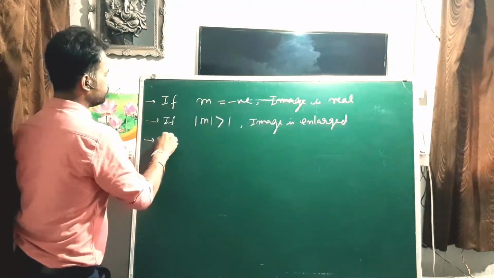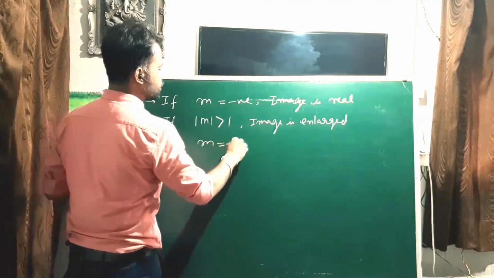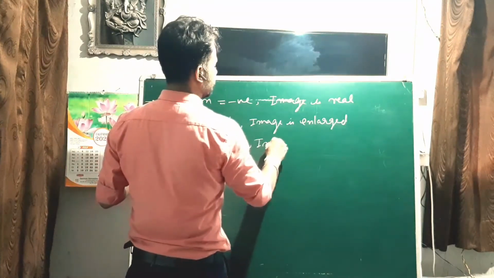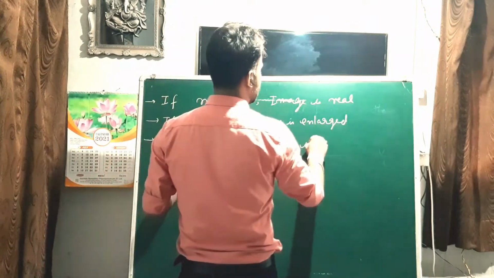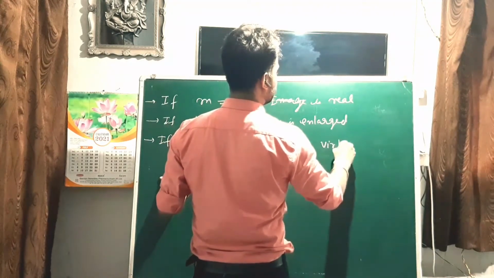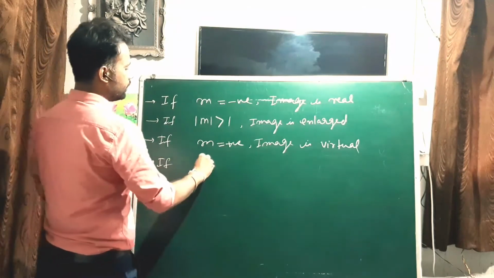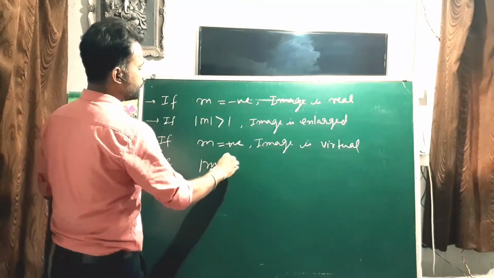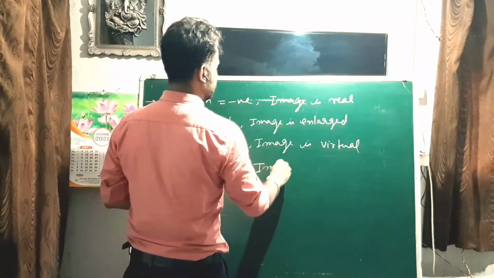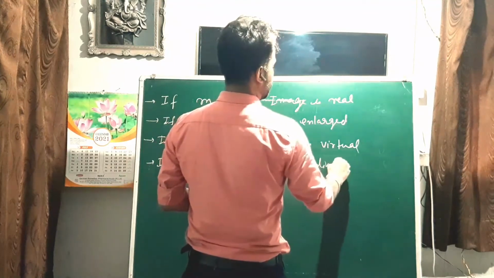If M is positive, it means the image is virtual, and if the magnitude of M is less than 1, then the image is diminished.